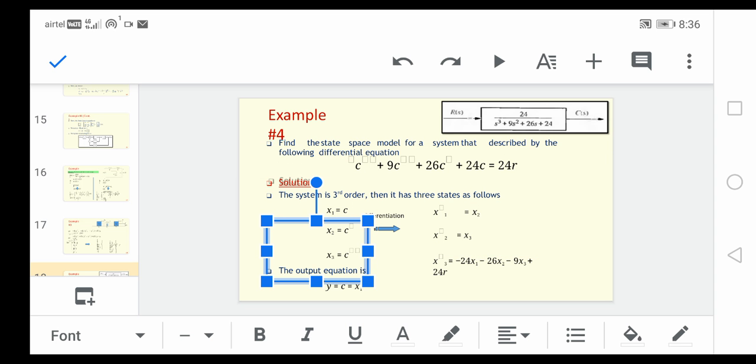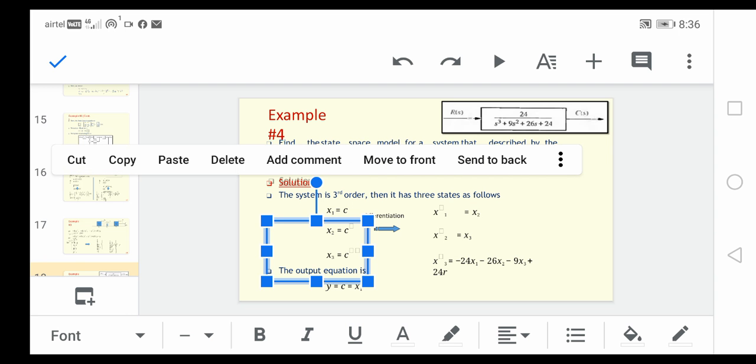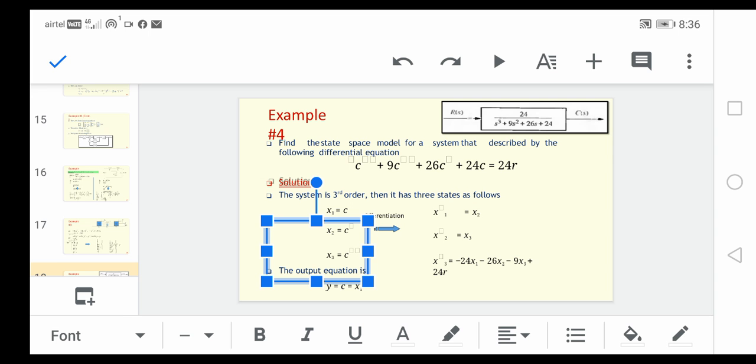X1 is equal to c, so in place of x1 you substitute c, in place of x2 you substitute c dot, and for x3 you substitute c double dot. Wherever you have c double dot you substitute x3, and x3 dot is equal to c triple dot.